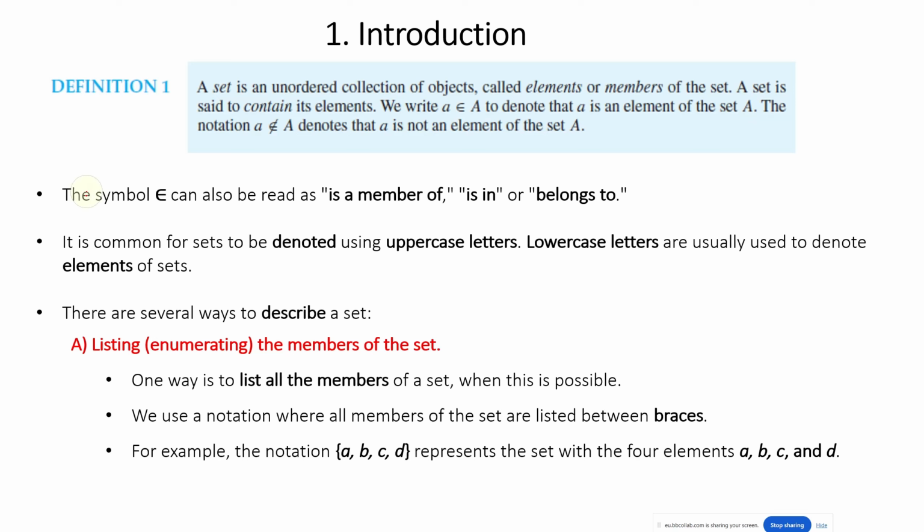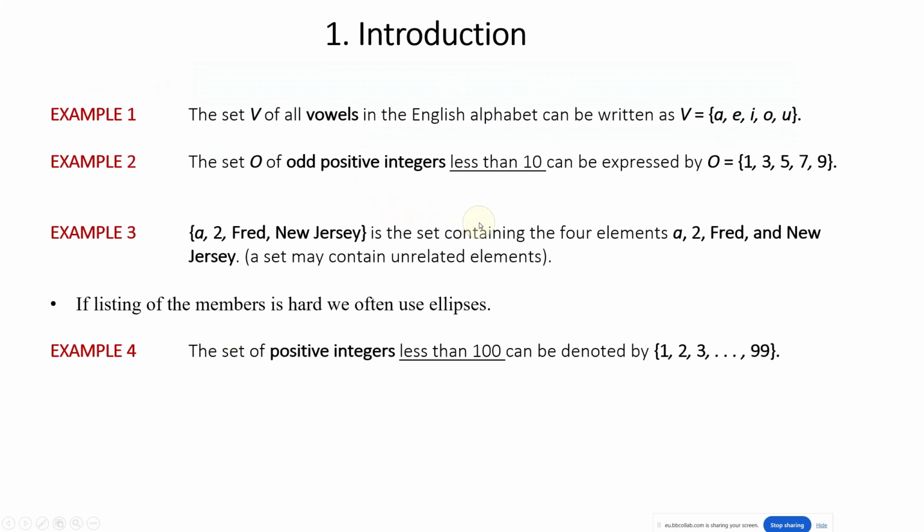If I would like to say that a is not an element, I represent it with this symbol crossed out, meaning a is not an element of A. For example, going back to the earlier example, I can say that B is not an element of V, and that A is an element of V.